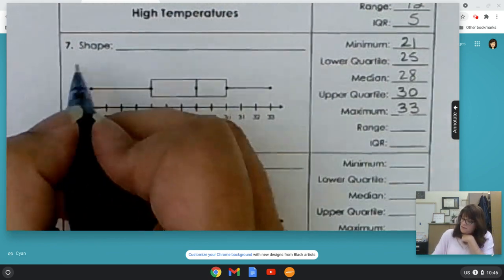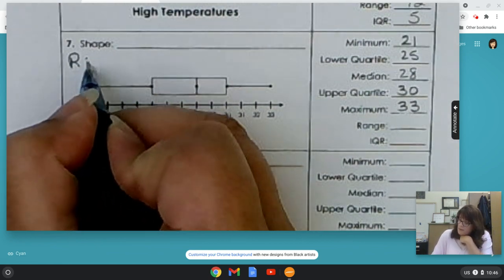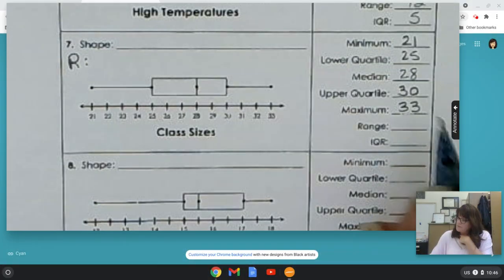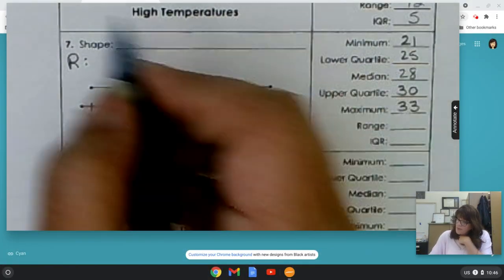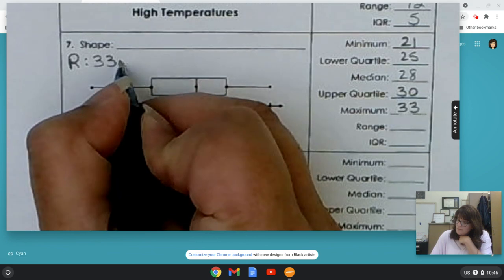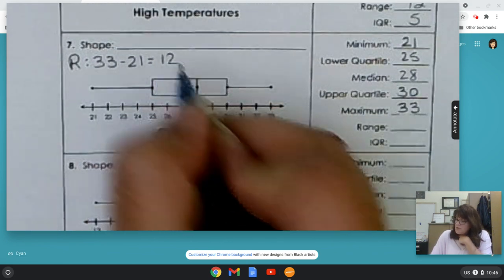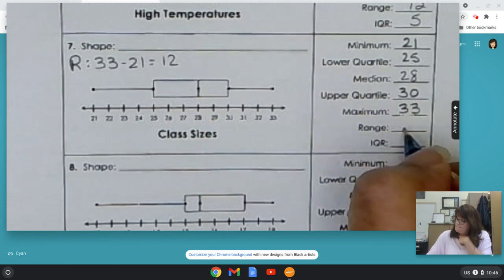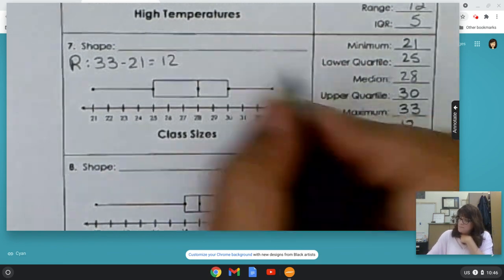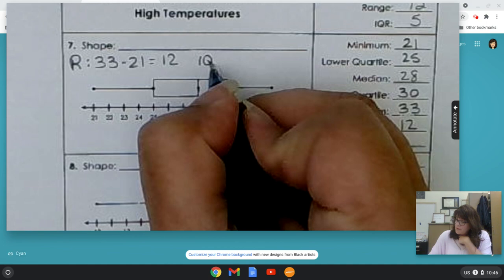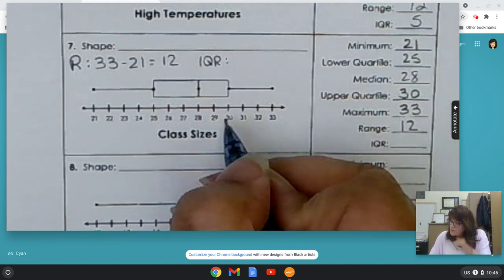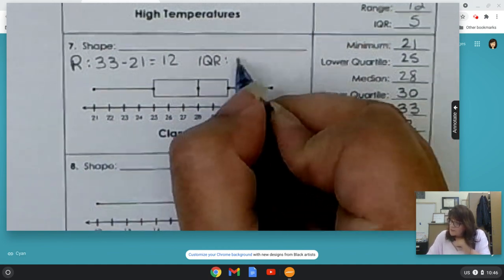Range again. And I'll just use R instead of IQR. You're looking at 33 minus 21. Okay, so you have a range of 12. Your IQR, you're looking at 30 minus 25.